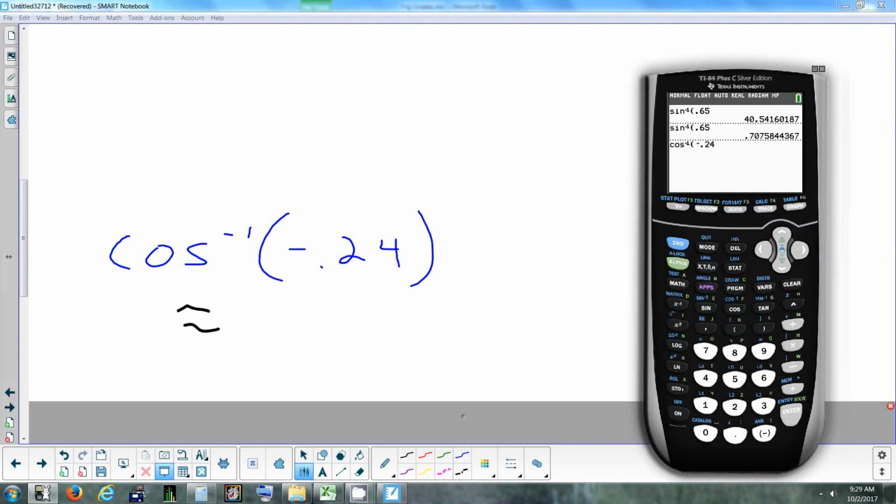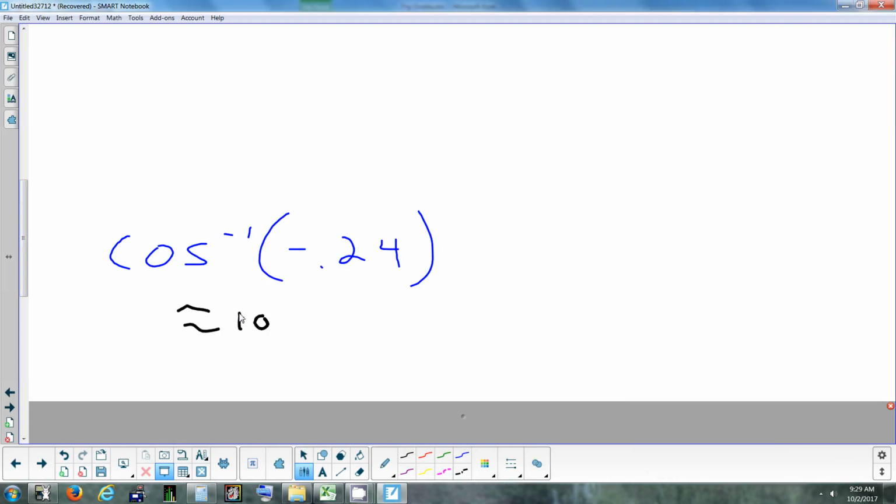Degrees. All right, so let's switch to degrees. And what did you get? Okay, so we get, yeah, that's right. So 103 point, we'll say 89. So that's how you type in inverse cosine.